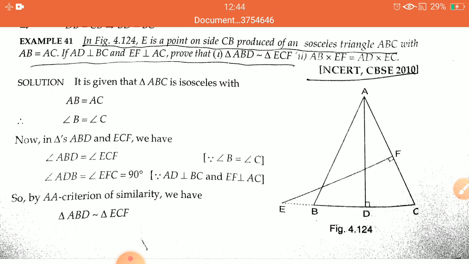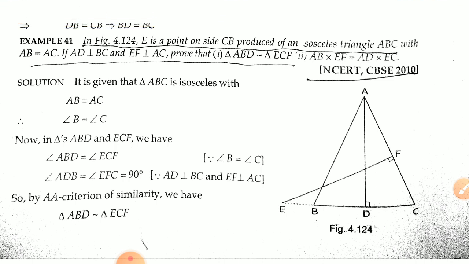Point E is taken on the produced line CB.